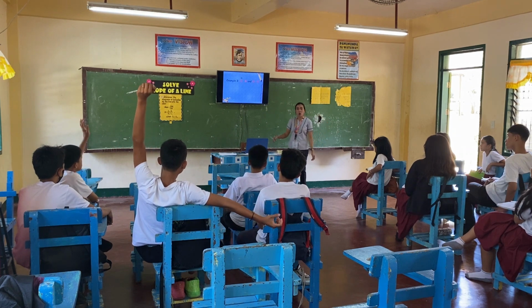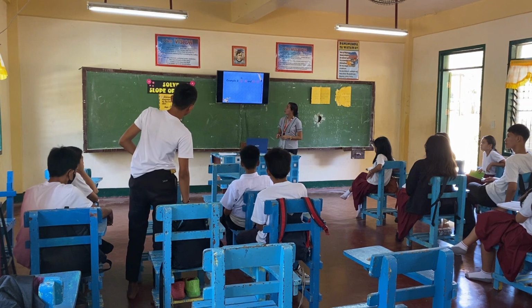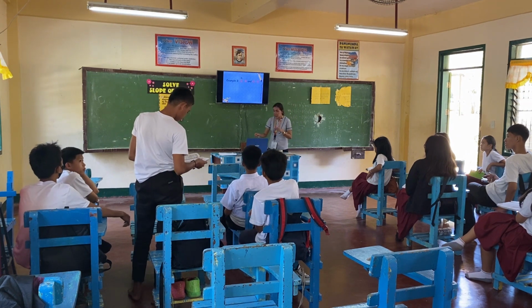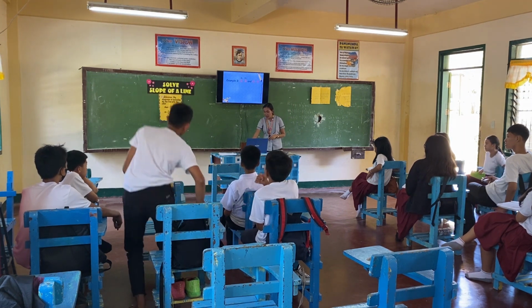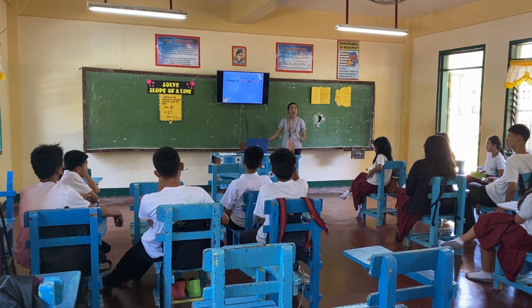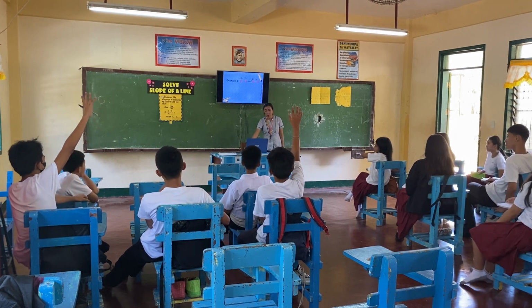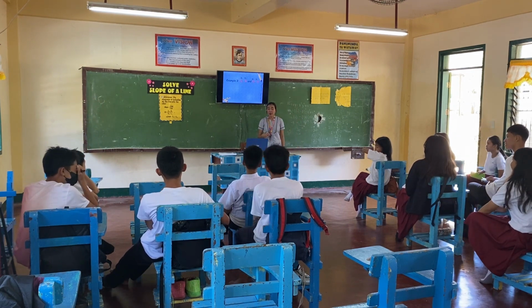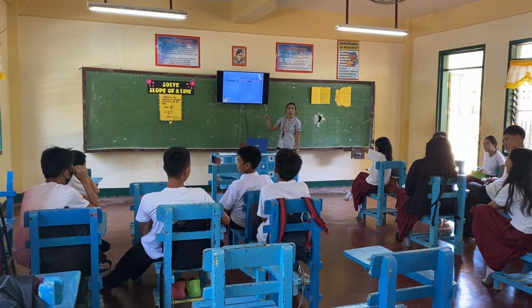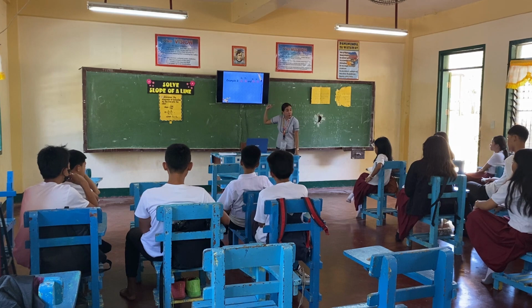X sub 2 is 6. Y sub 1 is 4. Dayon, ano y sub 2? 2. So, na-identify na nato tanan ha: x sub 1, y sub 1, x sub 2, y sub 2.